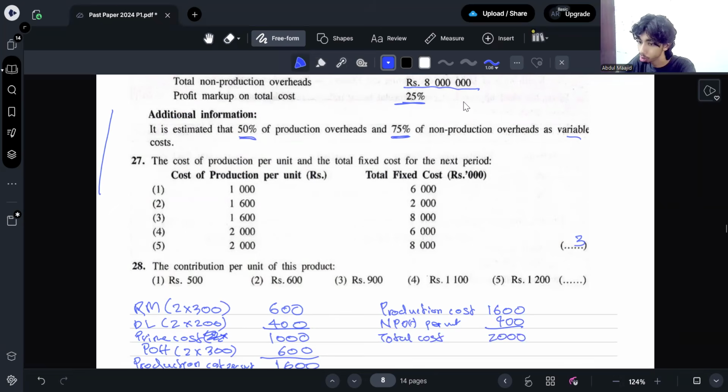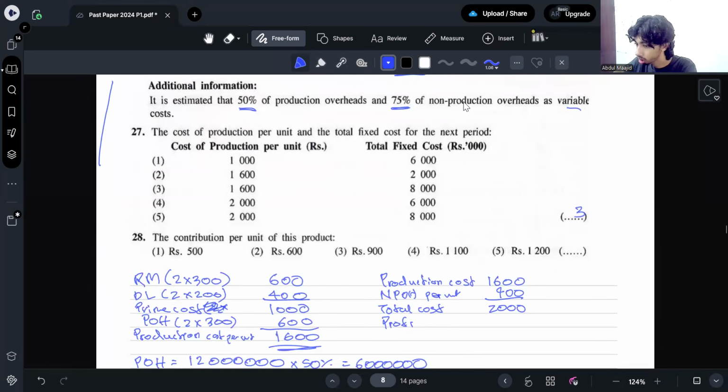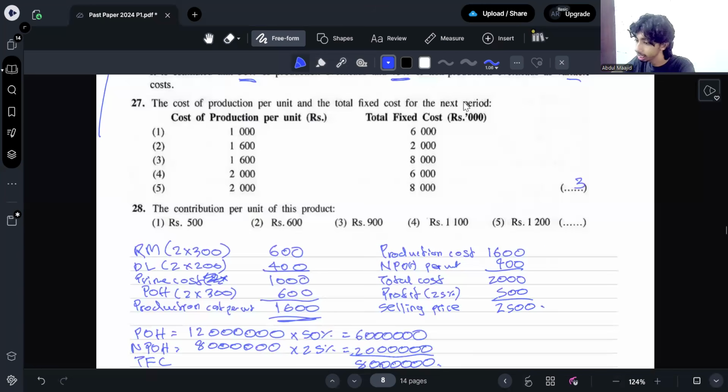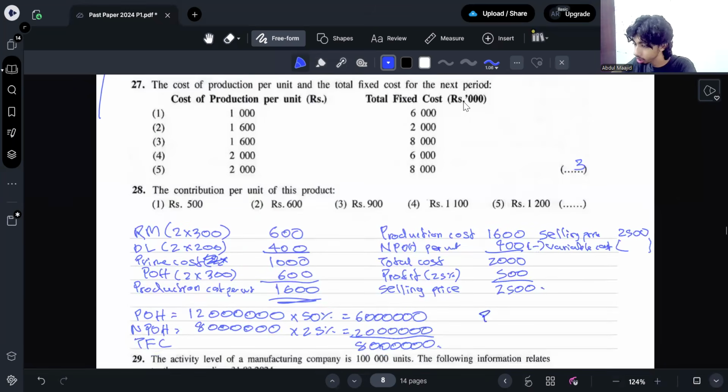Now we are adding profit 25% on total cost, that will be 500. Then your selling price will be 2,500. Now to find contribution per unit, that is selling price minus variable cost. Now how much will be your variable cost? Now the entire prime cost is variable cost, right?